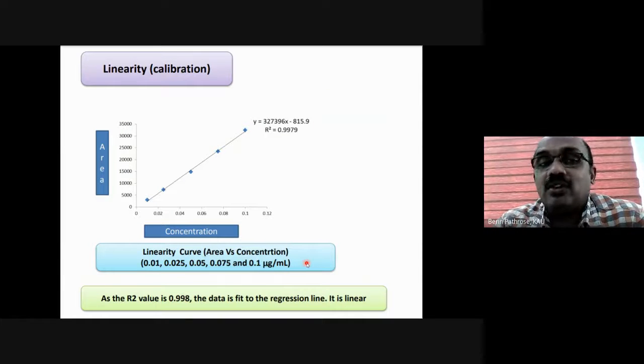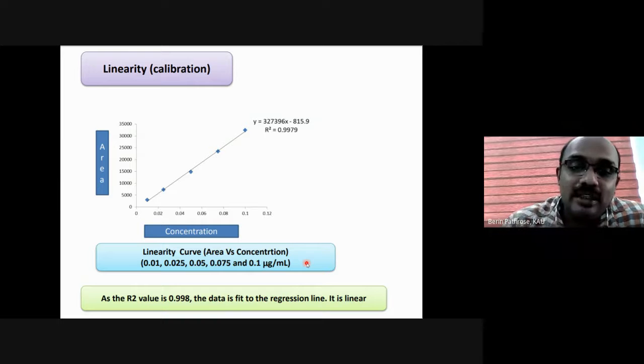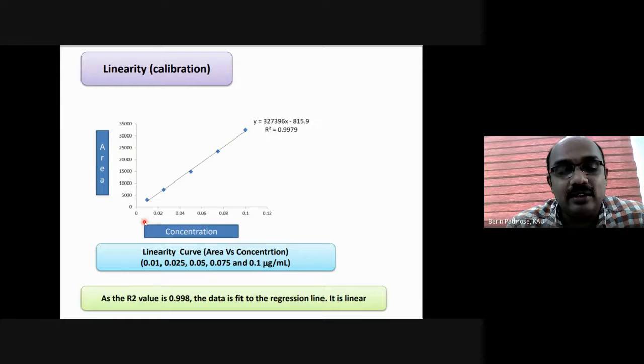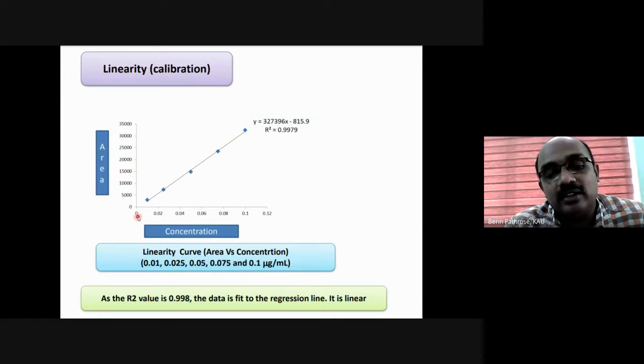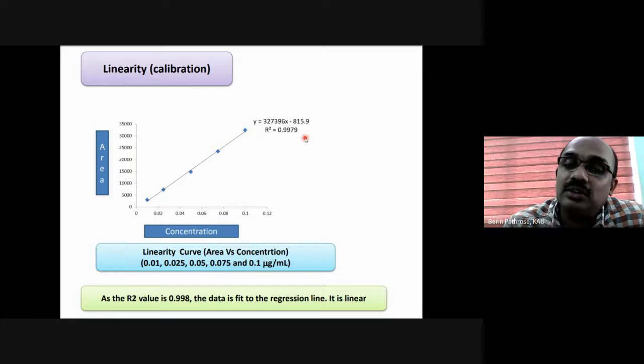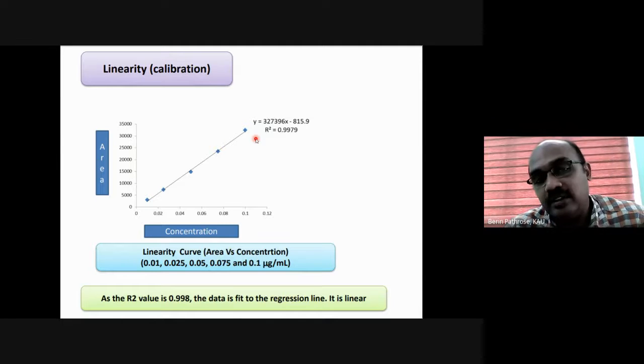Then we have gone for the linearity. Different concentrations we have injected, and this is the peak area. Just give the concentration, give the peak area, draw a linear graph, then ask Excel to give the equation.